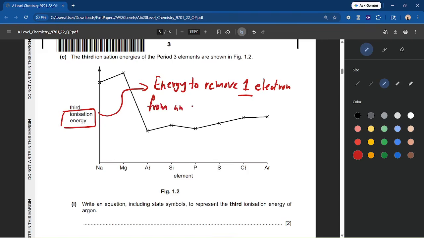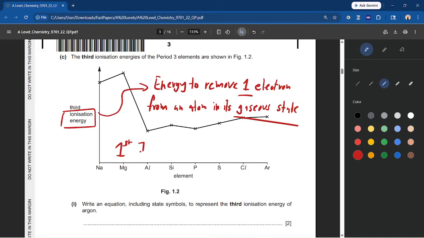If you write this as part of the definition, if it's 1 mark, you're getting 0. But if it's 2 marks, you're getting 1 mark. And where's your other mark coming from? In its gaseous state. So this is a very important clarification that you guys have to remember, that it has to be in its gaseous state.